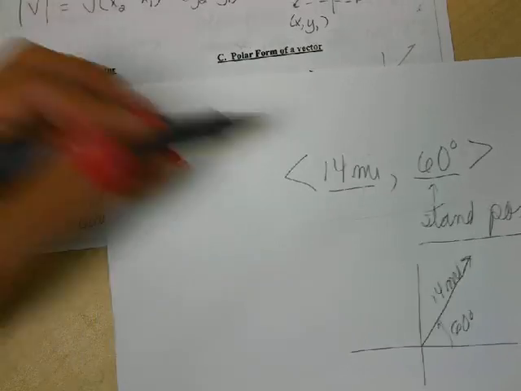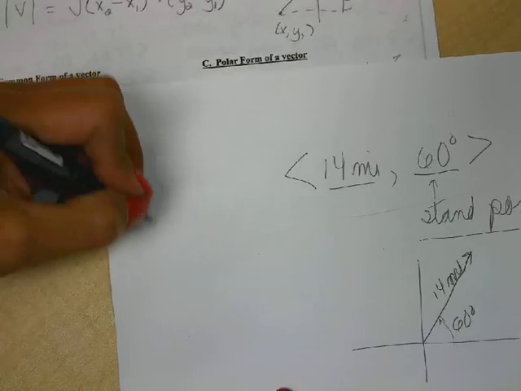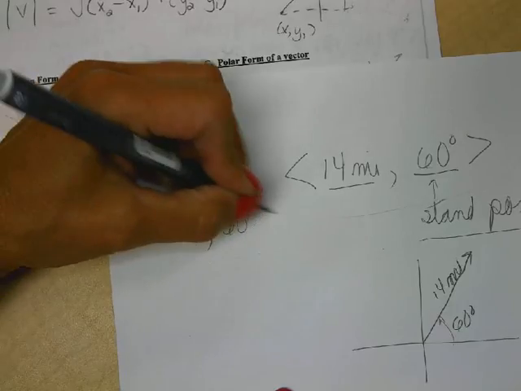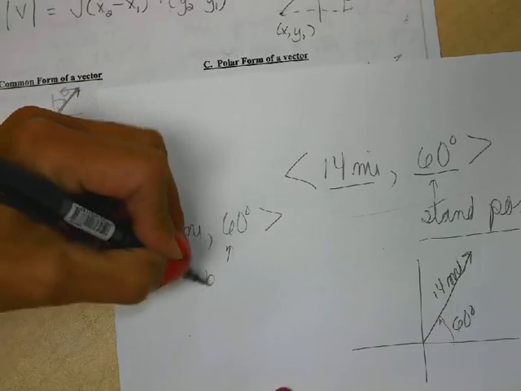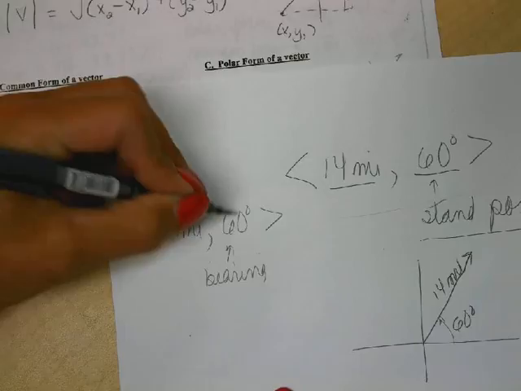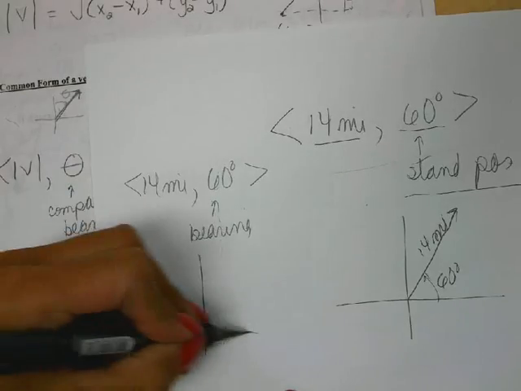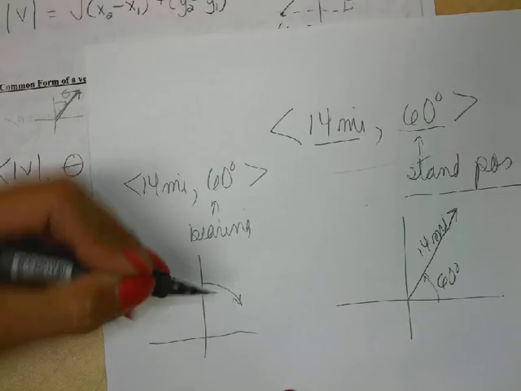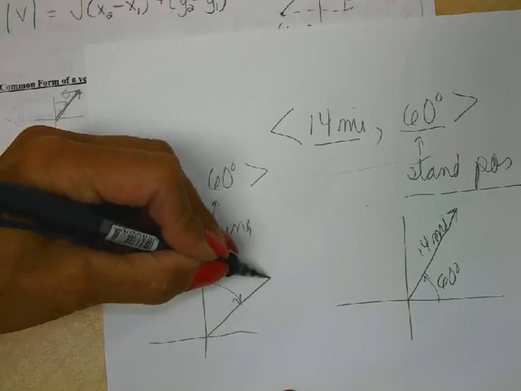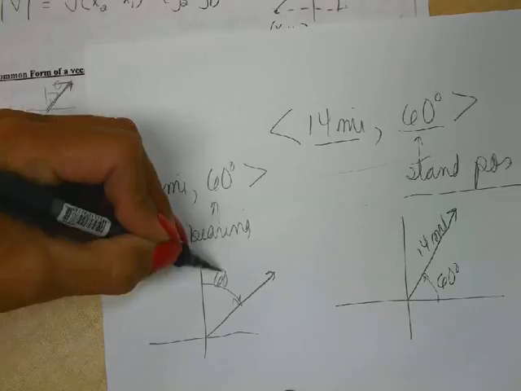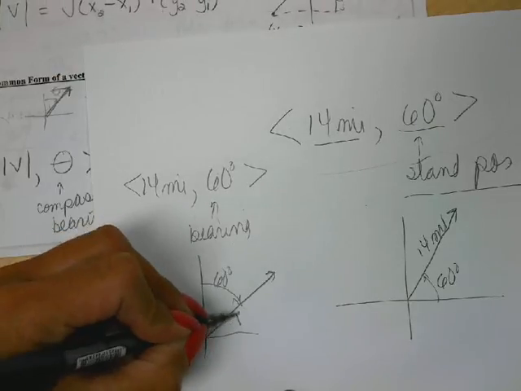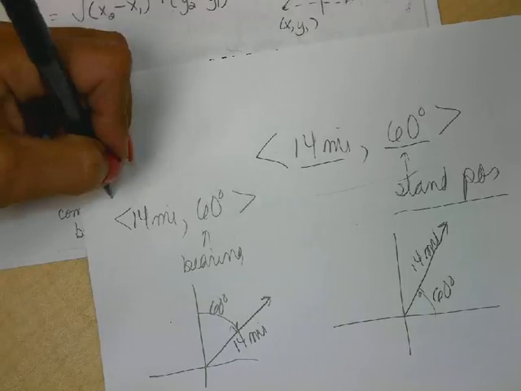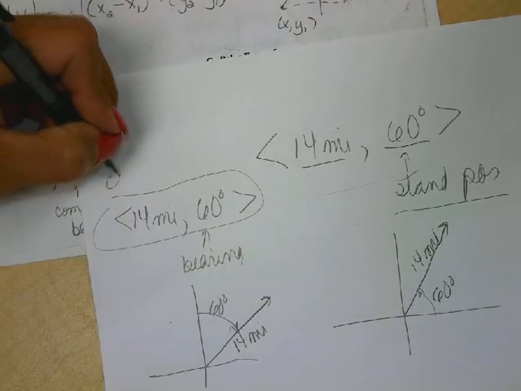Now on the other hand, if I said no, this is a bearing, they would be different vectors. If this were given as 14 miles, and I tell you that the 60 degrees is a bearing, that means that's the measurement from north, and that means I would need to go 60 degrees from north in the clockwise direction, and this angle would be 60 degrees, and the length of this vector would still be 14 miles.